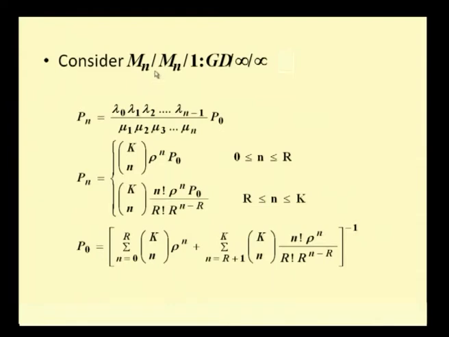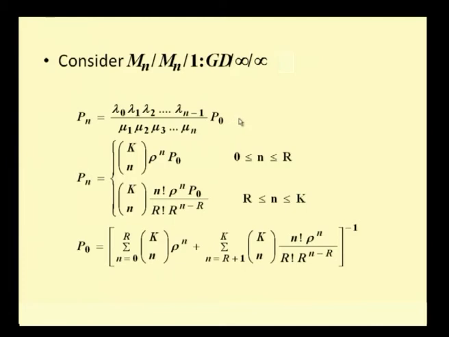Consider this generalized Poisson queuing model, namely the M^n/M^n/1/GD/infinity/infinity model, where Pn we obtained as lambda naught, lambda 1, lambda 2 and so on up to lambda n minus 1, the whole thing divided by mu 1, mu 2, mu 3 and so on up to mu n, into P naught.